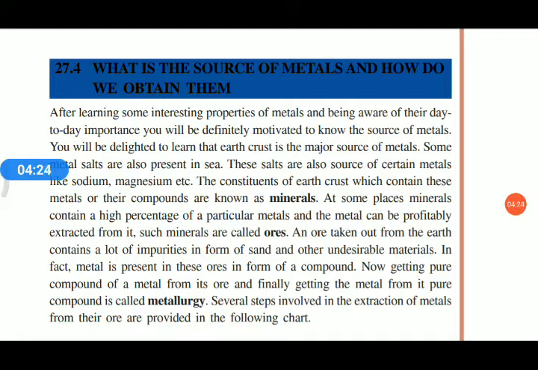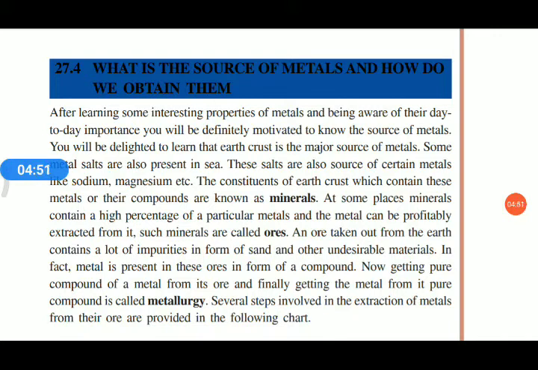All the materials we need to live, we get from the earth's crust. The earth's crust contains all the minerals, all the materials that we need to live. We get some metals from the earth's crust and some of them from seawater.